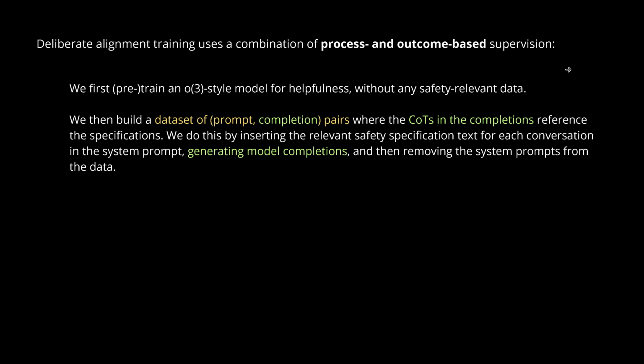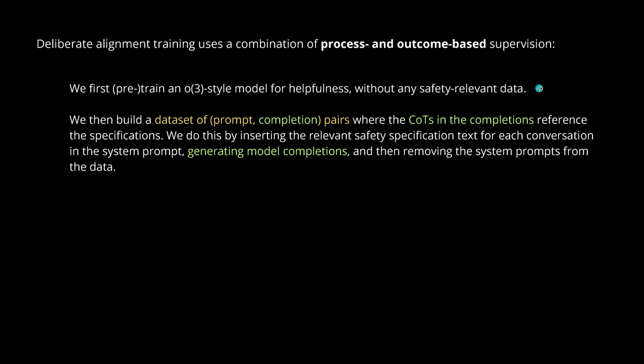So they tell us now, and this is almost an absolute quote, they say how we do this deliberative alignment training now with O1 and O3. And they come back to an idea of a process and outcome-based supervision I'm going to explore in a minute, but let's just follow with the argumentation. So OpenAI tells us, hey, we first pre-train an O3 style model for helpfulness without any safety relevant data.